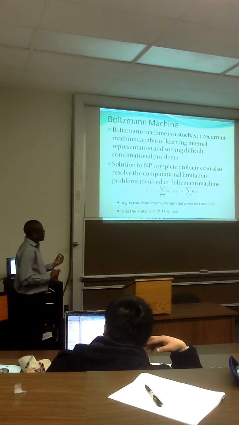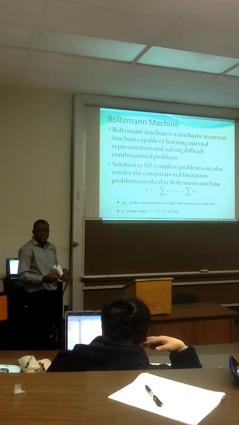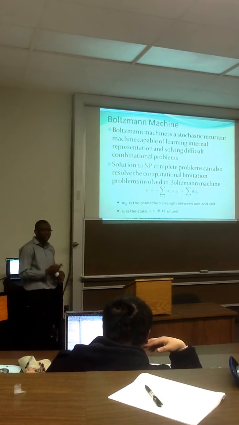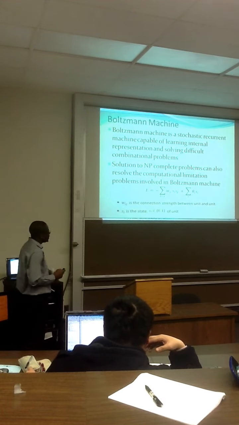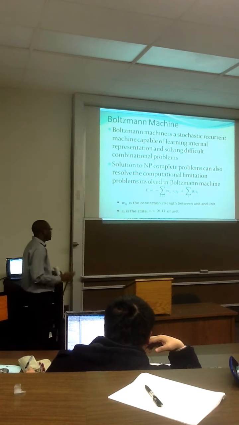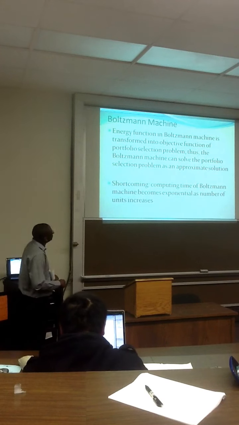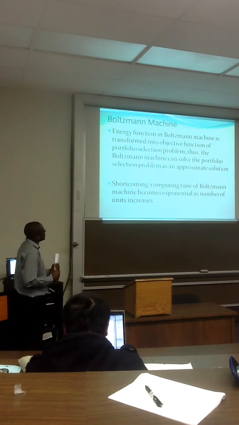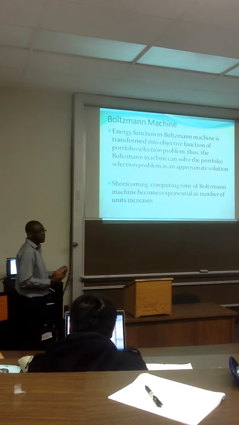And the Boltzmann machine is actually something that was gotten from the Boltzmann equations. The Boltzmann equation is basically talking about the distribution of particles in rarefied gas. Similar to Brownian motion, but not quite Brownian motion. And that's the formula for the energy equation. The energy function of the Boltzmann machine can actually be transformed to a portfolio selection problem solving equation.